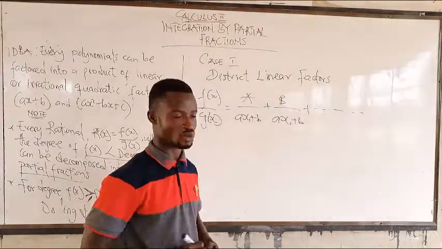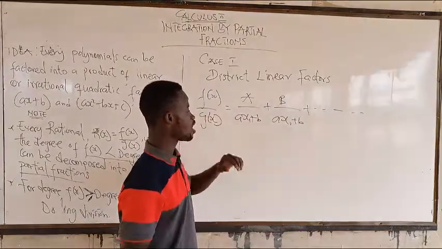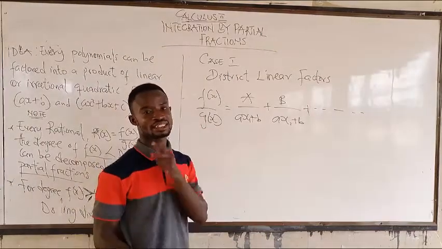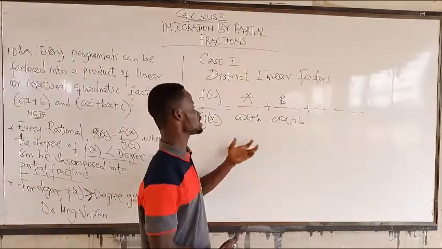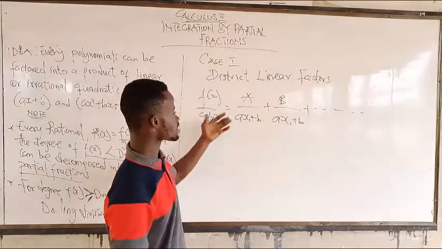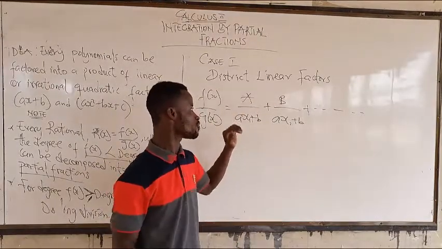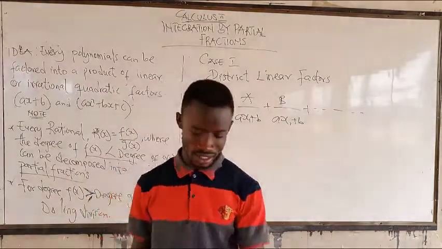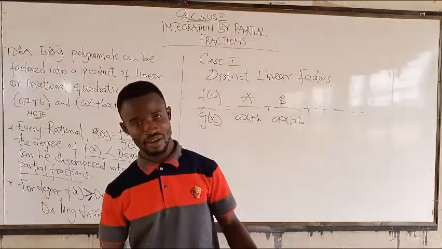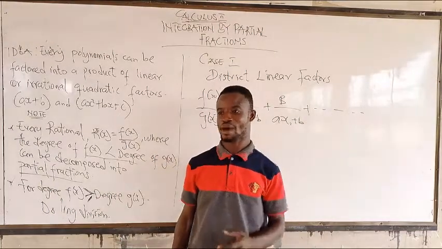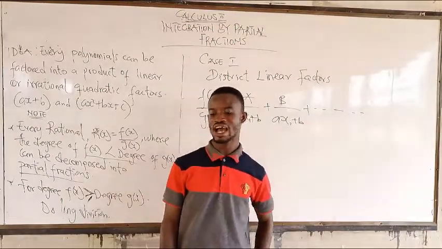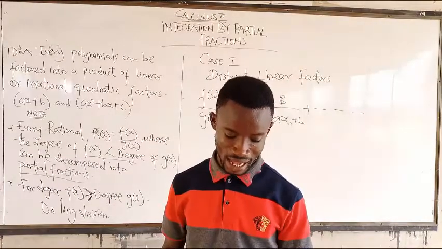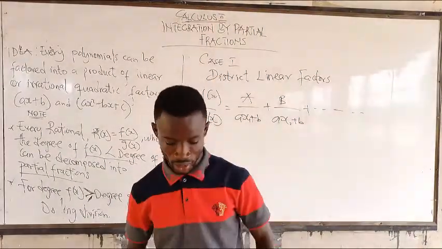Now that is just simple. Since the denominator has a power of 1, we treat it as linear, and treating it as linear is just A over that, B over that. Now the A and the B are not variables as you can see there, but values that we have to go and look for.